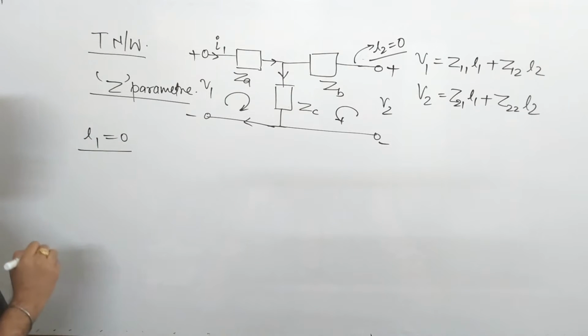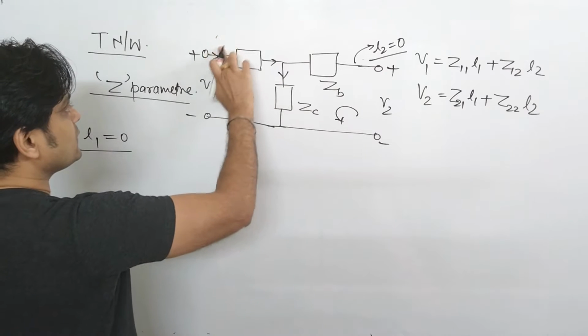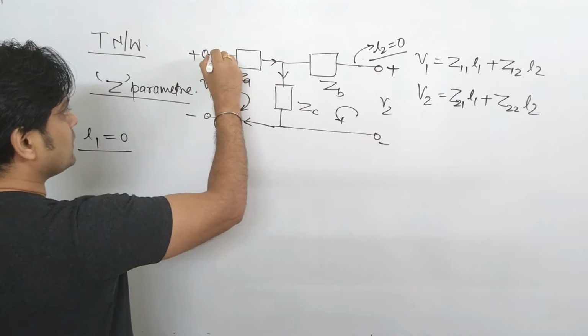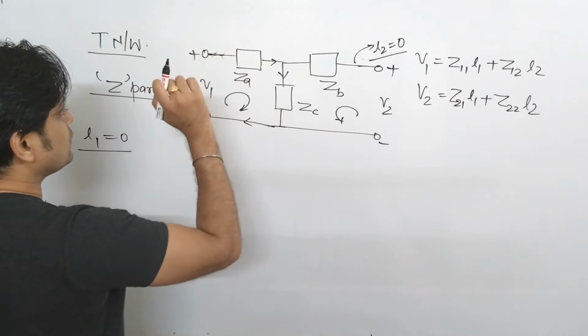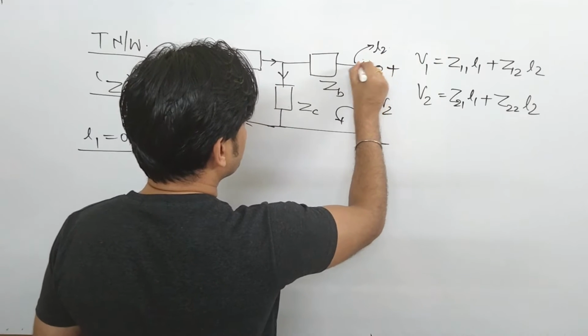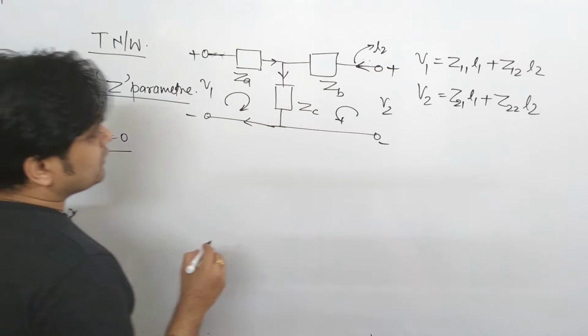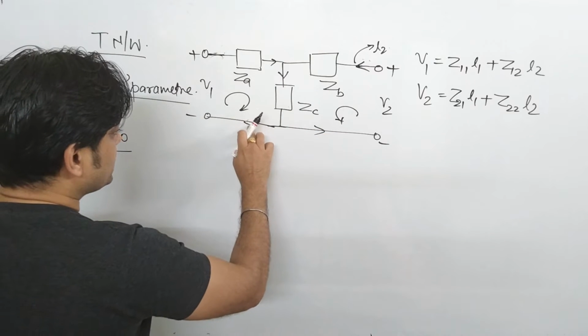Now if I1 is 0, that means your port 1 current is 0, no current will flow here. I will remove it. So here no current. Now this I2 is flowing here, and now this is your I2. This I2 will come here and flow in this fashion. No current is here.